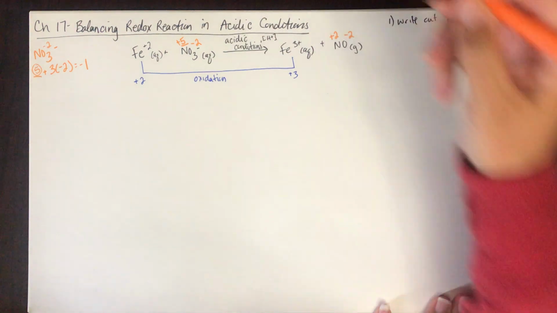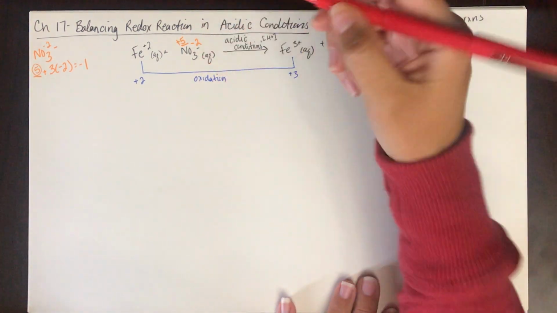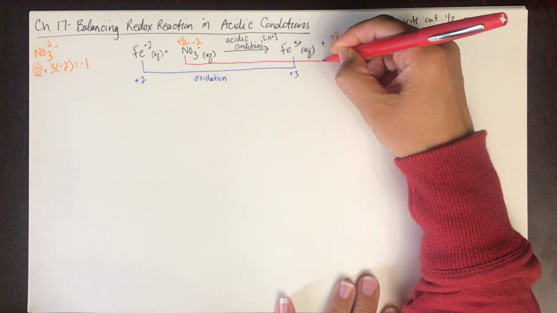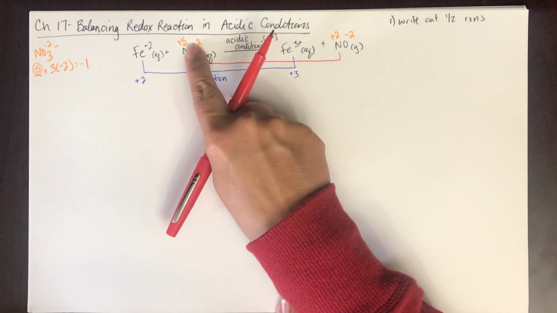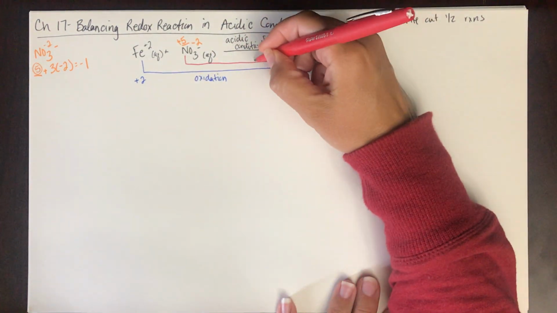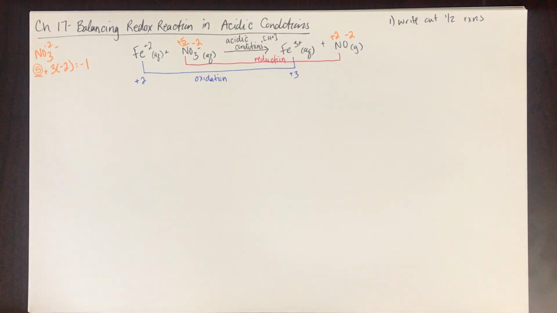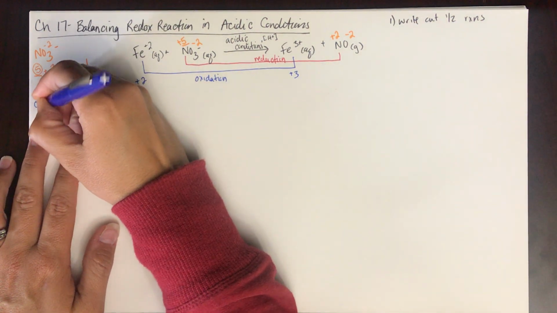So I have +5 and +2. That means the oxidation number of nitrogen is decreasing. It's reducing from 5 to 2. So that means this must be the reduction half reaction. So let's write out the 2 half reactions. I'm going to do oxidation first.